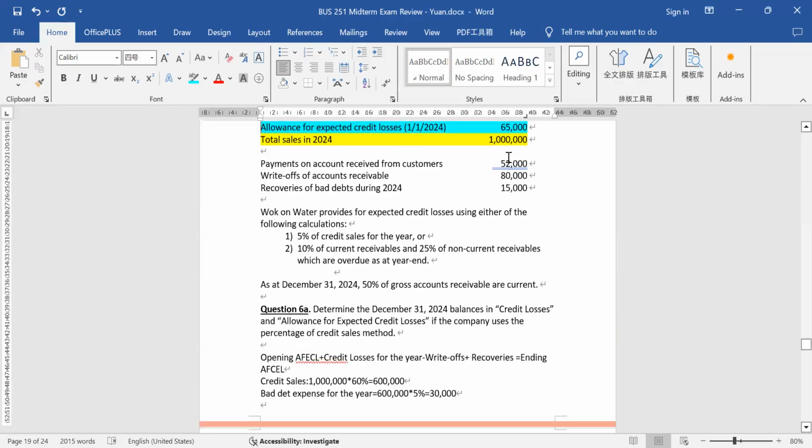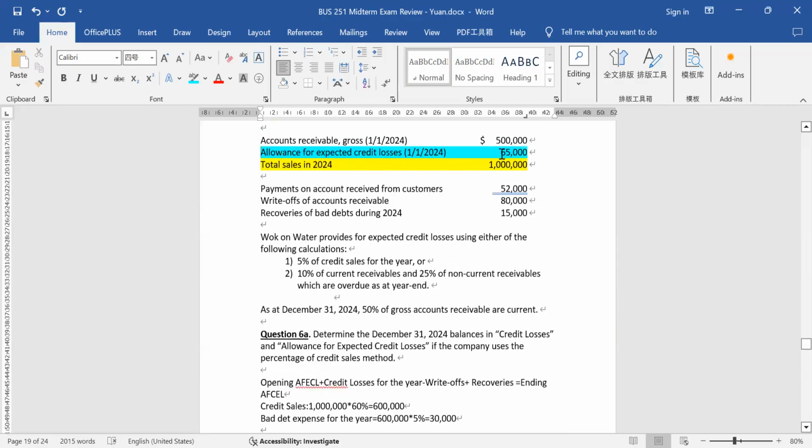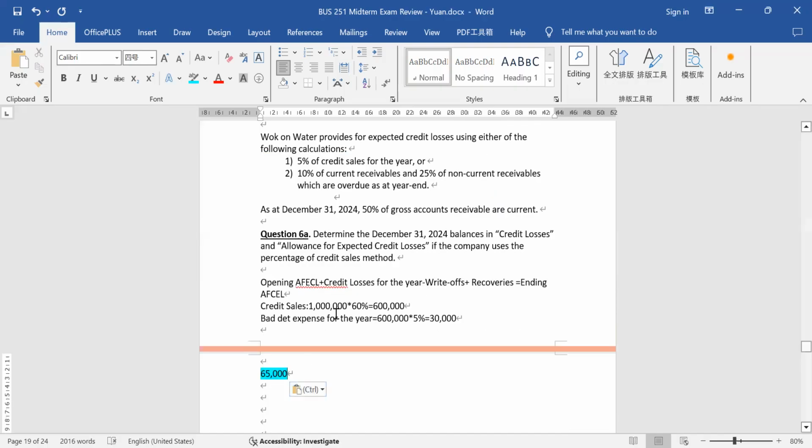So you use this number, plus credit loss for the year. You just calculate this and put this number here, and then you subtract the write-offs. What is the write-off?